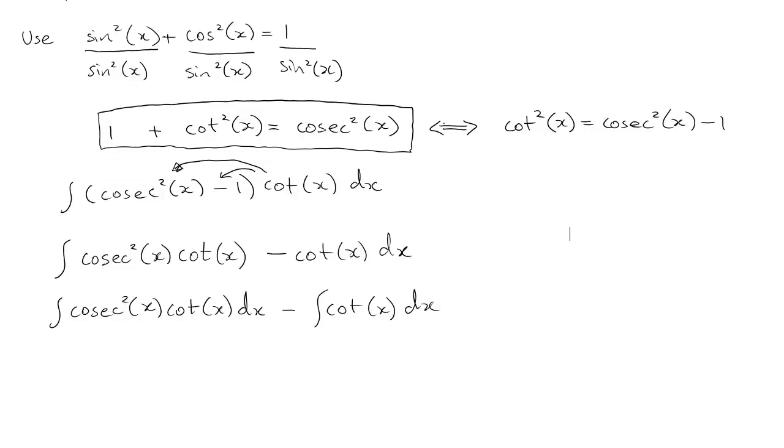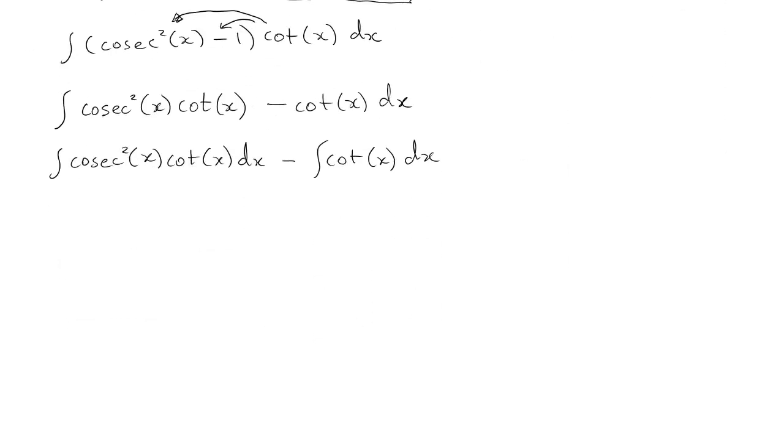Once we've done that, we should think about how we could express cosec squared and cot together.